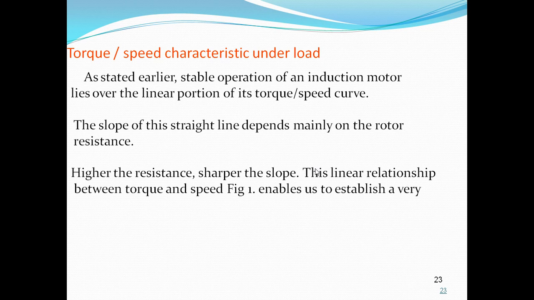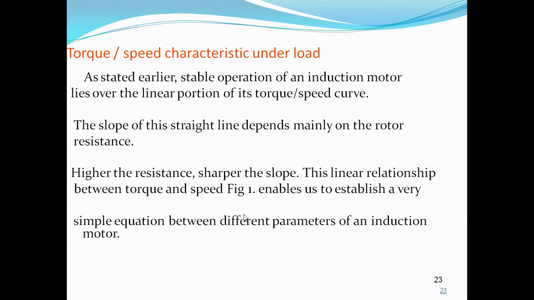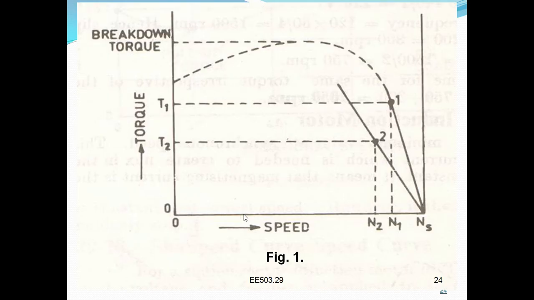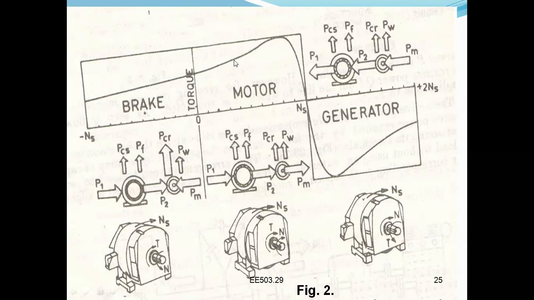The linear relation between torque and speed is shown here. So torque T1 occurs at a speed n1, torque T2 occurs at a speed n2. So this maximum torque is called breakdown torque. This is the torque relation.